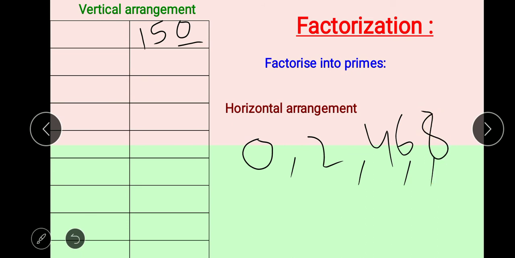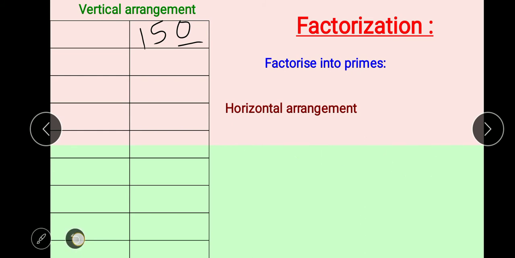Now here it is 0, that means 150 is divisible by 2. So let us divide the number by 2, students.